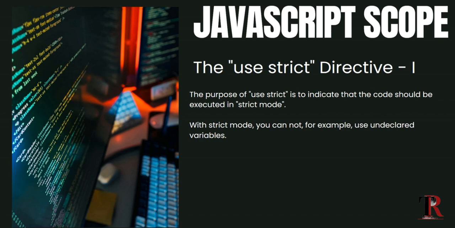The purpose of use strict is to indicate that the code should be executed in strict mode. Now notice that for the larger part of our series, it has been normal JavaScript code where we have not been using this use strict directive, and we just play around with code and get output in our browser, which denotes how the normal JavaScript mode works.